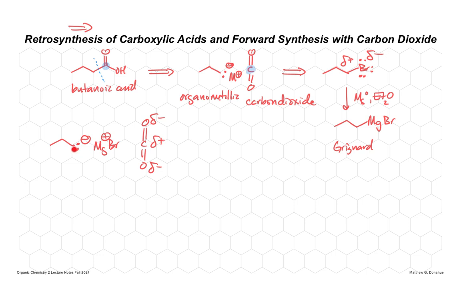The negative of that carbon is attracted to the positive of that carbon. And so the arrow will flow that way. And then we break a C=O pi bond. So that's, again, a nucleophilic addition.